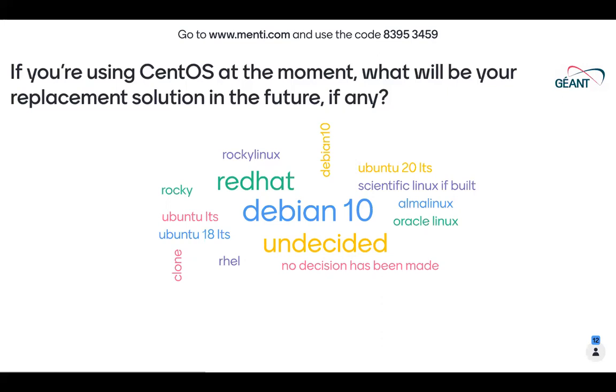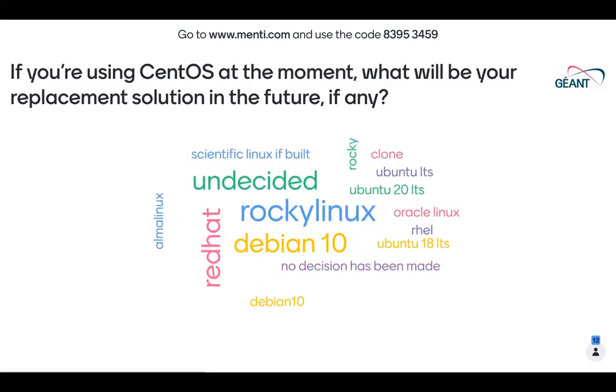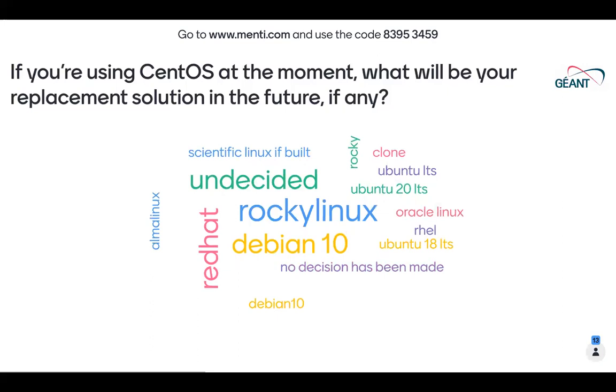CentOS 7 is going to be supported for 3 more years, so it's not as urgent as it might seem to move away from it. But it's interesting to know what you are thinking, or what your organization is thinking, to move forward.